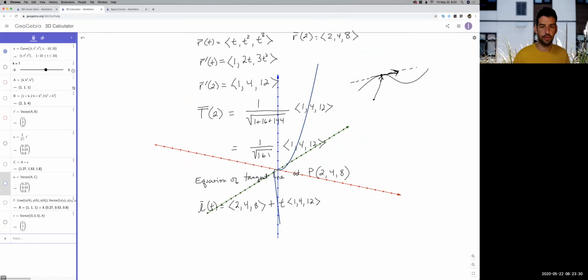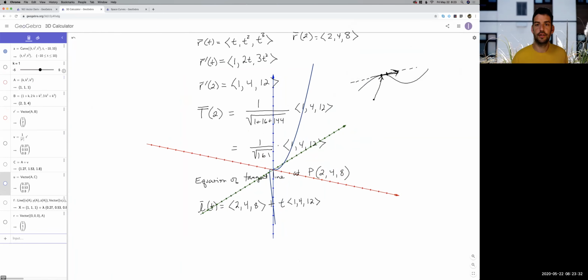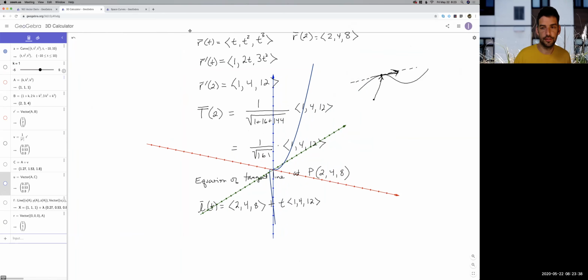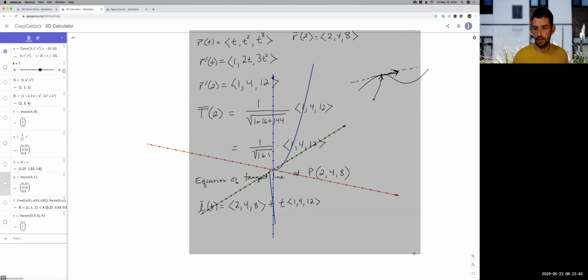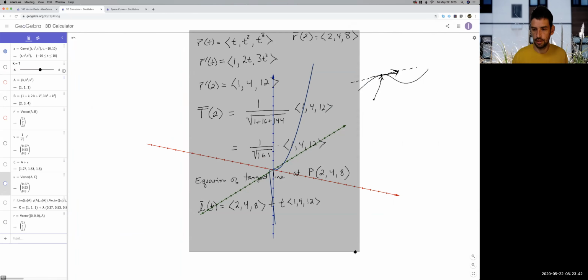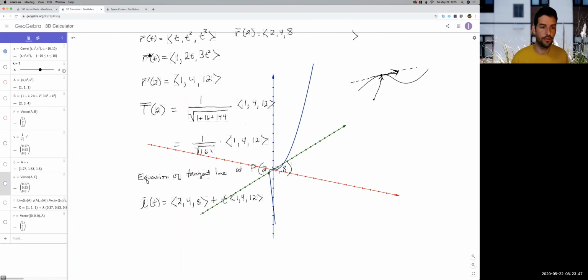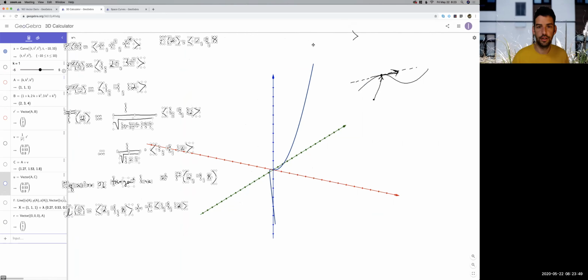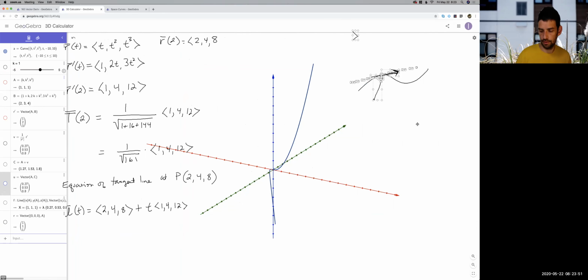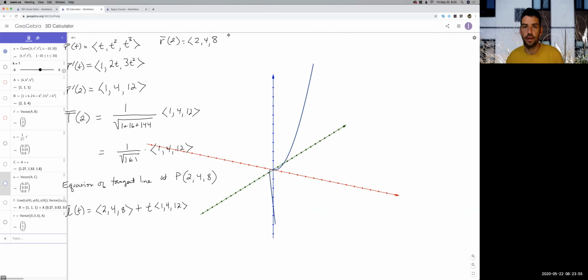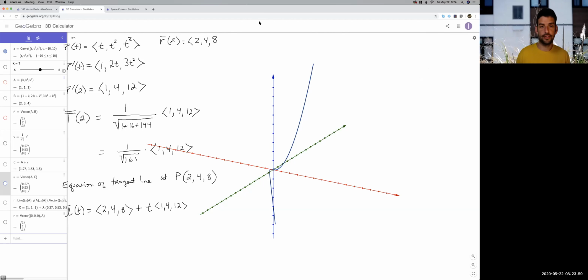Sorry, I was having trouble grabbing it. Let me move most of this out of the way, but I want to save it so we can see what all these pieces look like. All right, so where are we at?